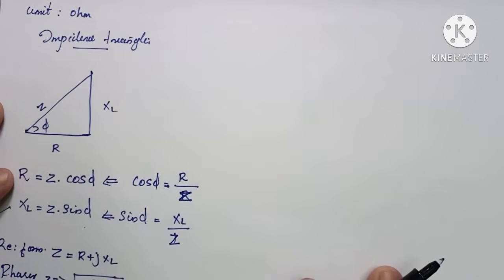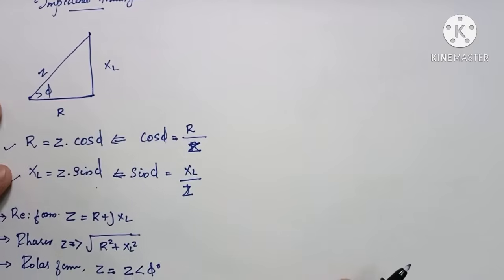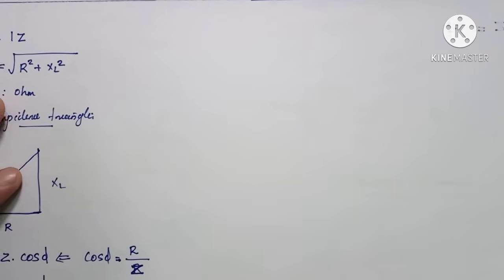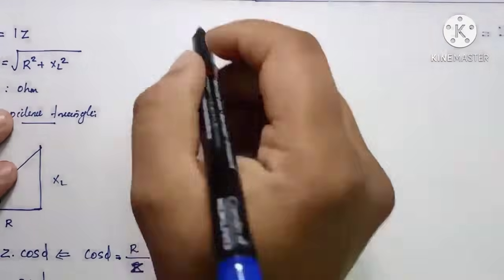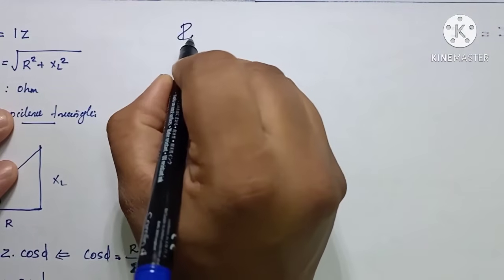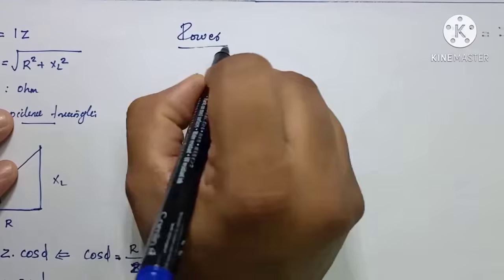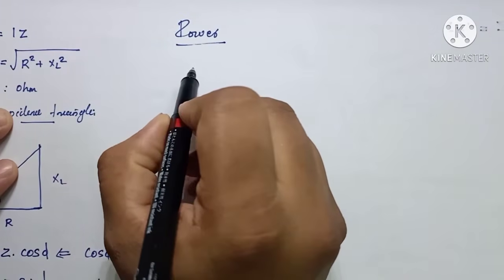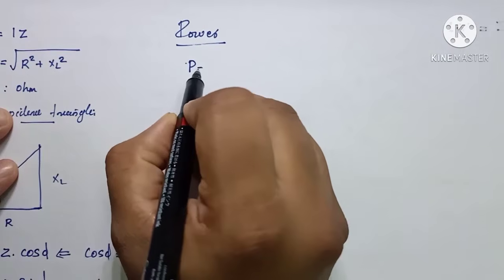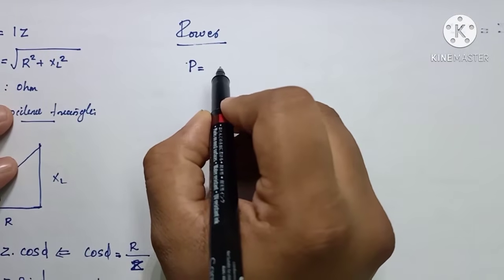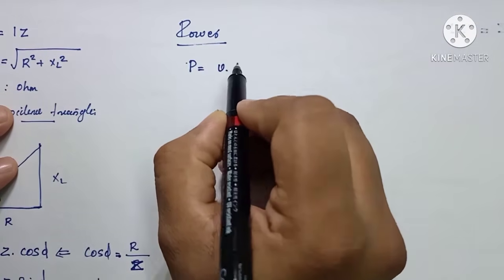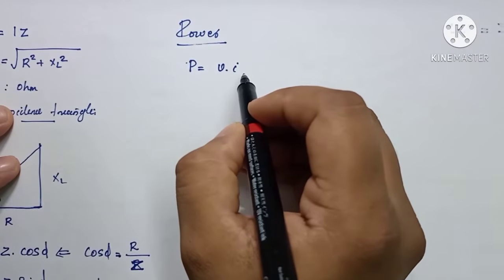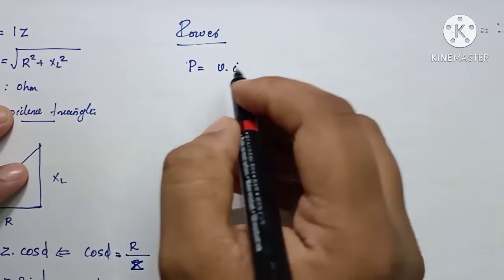Next we can derive an equation for the instantaneous power in this RL series circuit. We know that the instantaneous power P is equal to the product of voltage into current, the instantaneous value of voltage and instantaneous value of current.